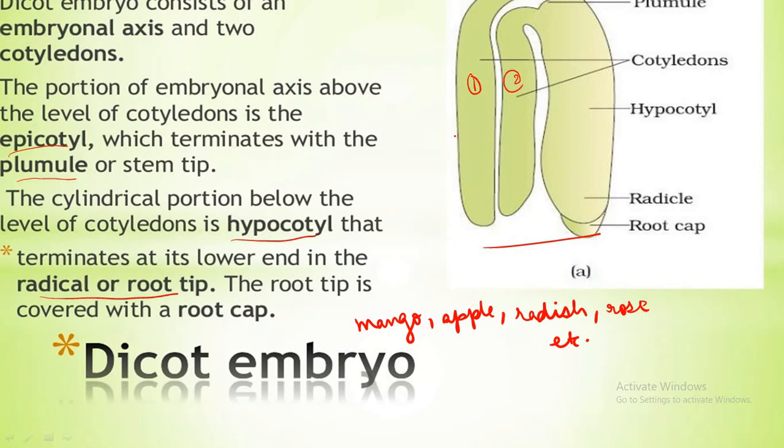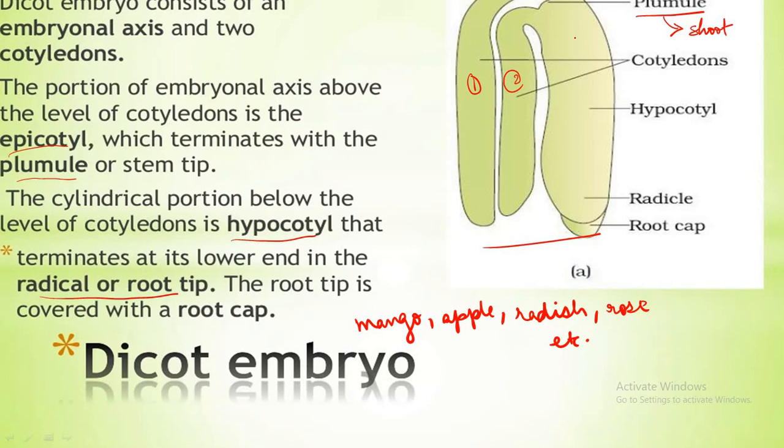The portion above the level of the cotyledon is known as the plumule. From the plumule in future, the shoot will be developed, or it is called the stem tip.